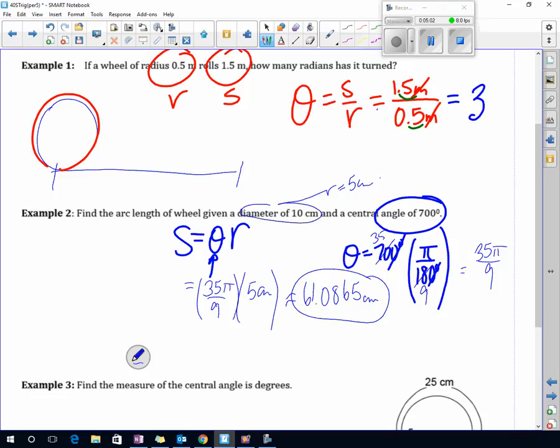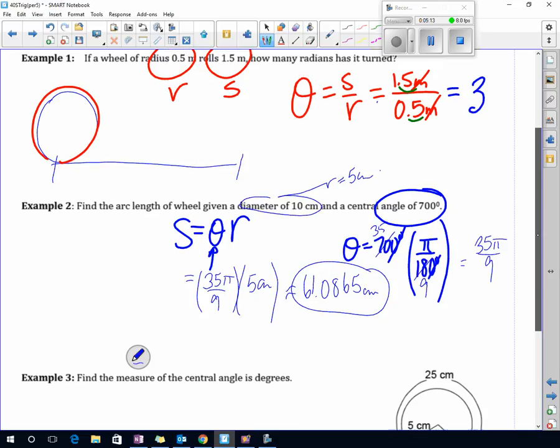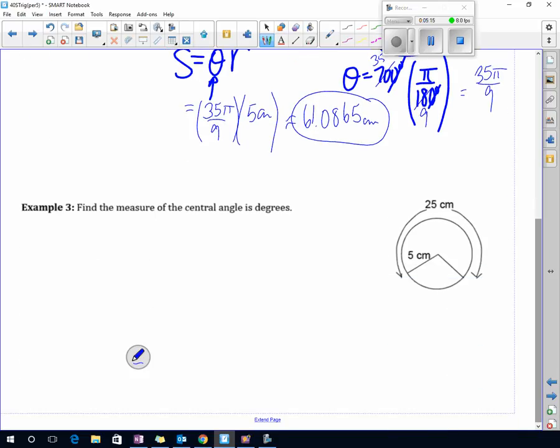All right. Okay, find the measure of the central angle in degrees. So, if they're measuring the arc here, does everybody see that your central angle would be this right here? Yes?